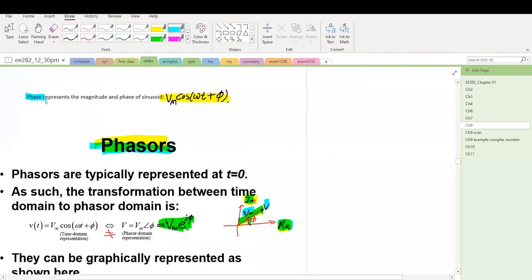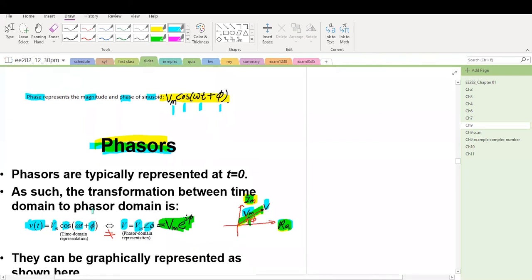It's important to remember the phasor represents the magnitude and phase of the sinusoid Vm cosine omega t plus phi. In other words, the time domain signal is Vm cosine omega t plus phi, and the phasor domain is V, the magnitude Vm at the angle of phi.